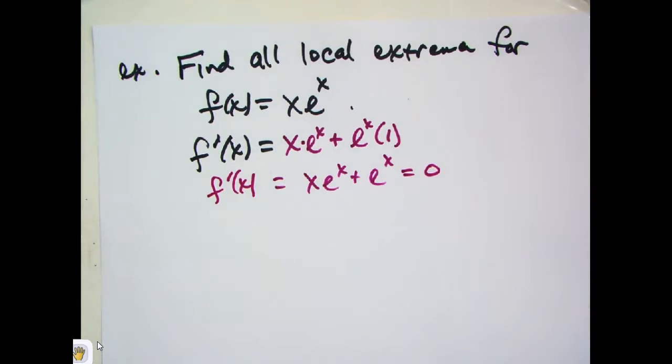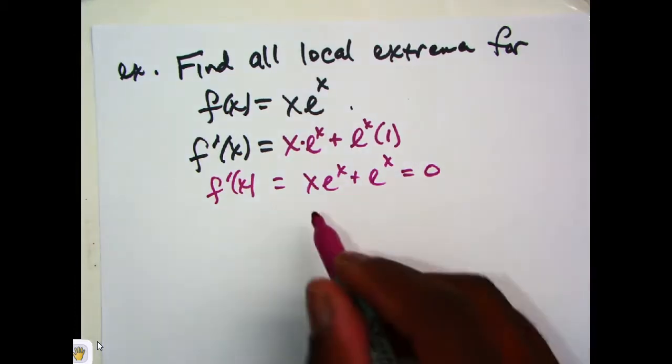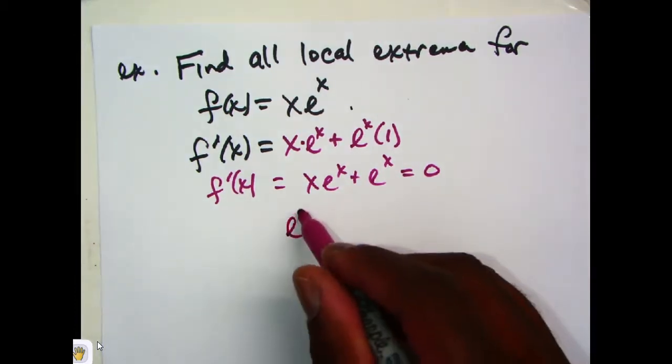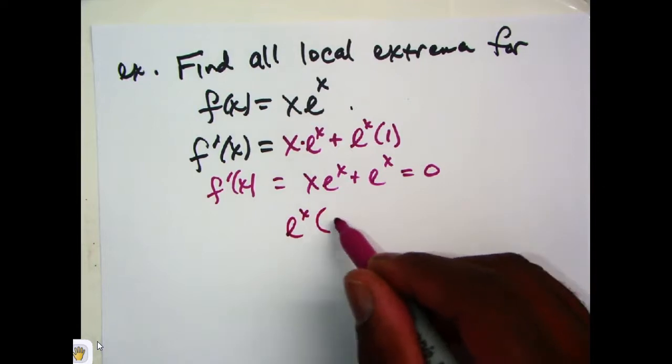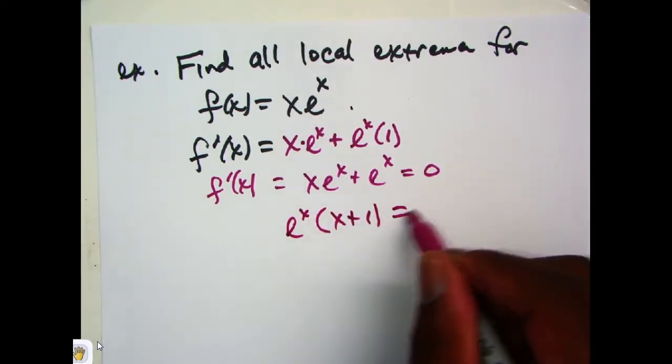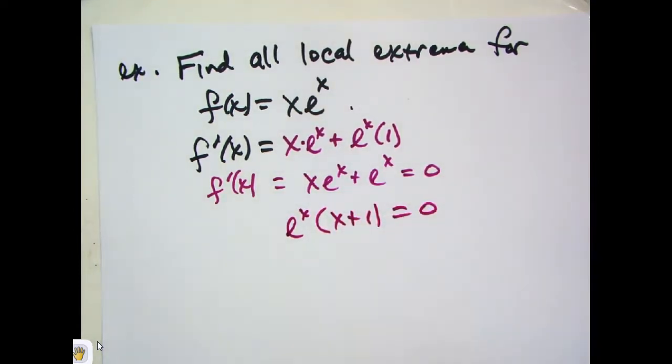X is a continuous function everywhere. E to the x is a continuous function everywhere, so we're not going to have a case where this derivative is not defined. So is this derivative equal to 0 anywhere? Well, this is the same thing as e to the x times x plus 1. And then we should know that e to the x is never equal to 0.